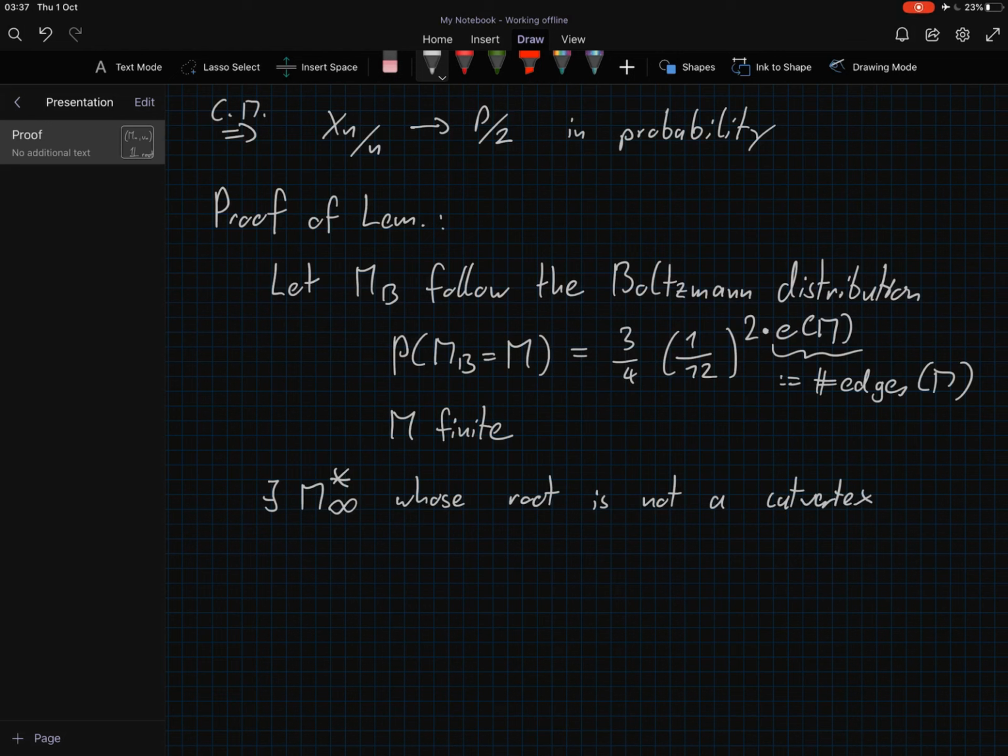So there is such a map with the property that M infinity is distributed like the result of attaching an independent copy of MB at each corner incident to the root of M infinity star.